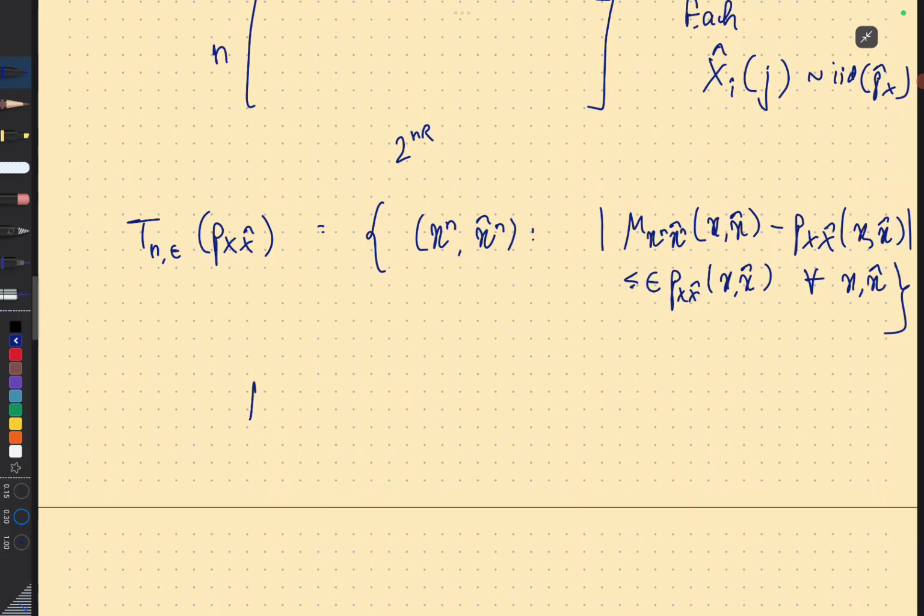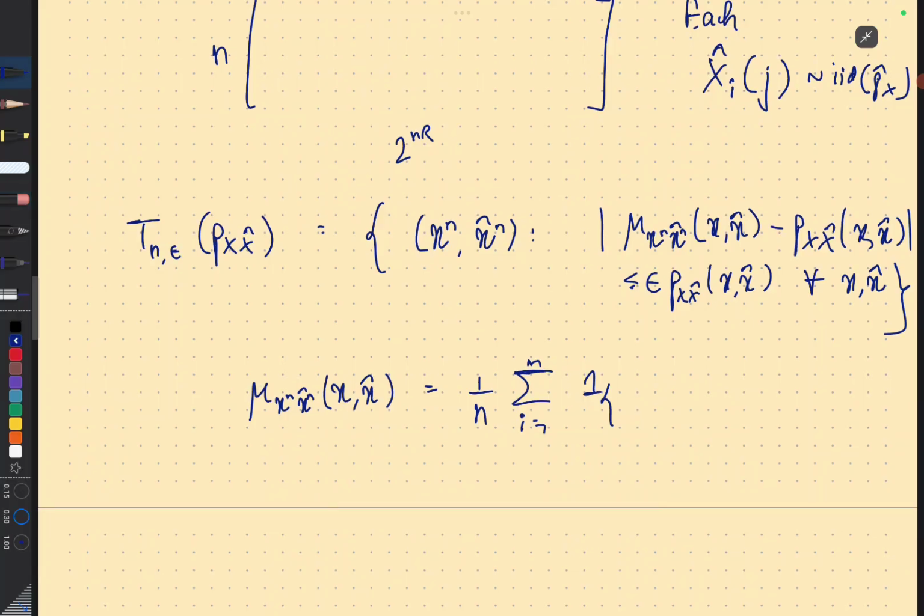And one thing to keep in mind is that this mu of x^n, x hat^n is basically the fraction of locations where x_i is equal to x and x hat_i is equal to x hat. So this is called the joint type between x^n and x hat^n.